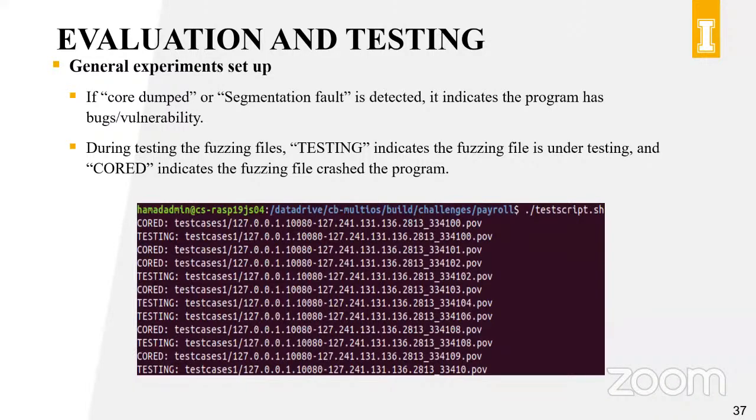If a core dump or segmentation fault is detected, it indicates the program has a bug or vulnerability during the testing. So the first thing is we have these fuzzing files that crashed the program, and we have the testing showing that the program is under testing with this sample fuzzing input file.